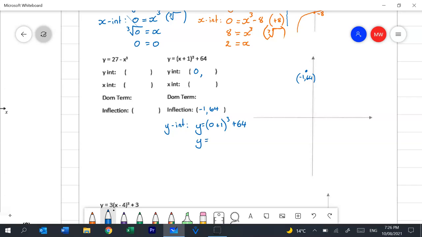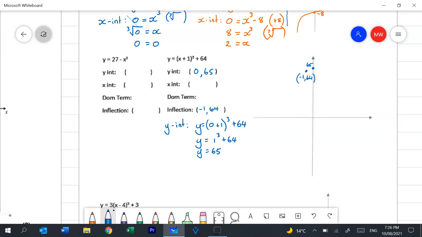So y will be 0 plus 1 is 1, 1 cubed plus 64. 1 cubed is 1, so y is going to be 65. So we've got our y-intercept. x is 0, y is 65. Now, just mark that in so we don't forget.